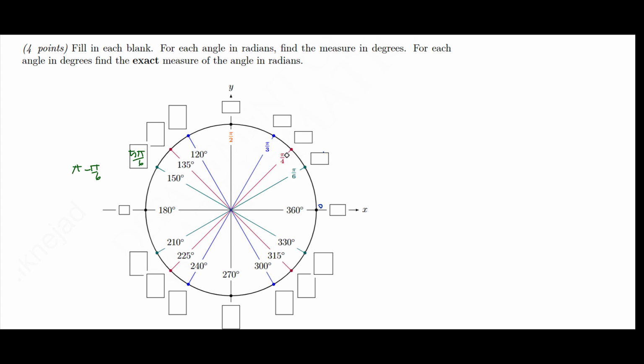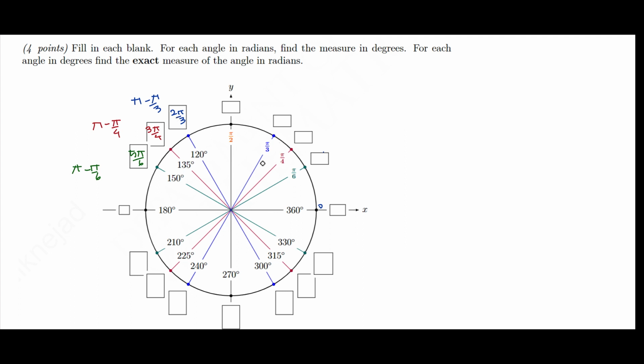Over here, I see pi fourth. Again, pi fourth has a symmetry over here. Pi minus pi fourth, that's 3 pi fourth. And over there, I can see, again, a symmetry for pi third. Pi minus pi third, and you get 2 pi third here.